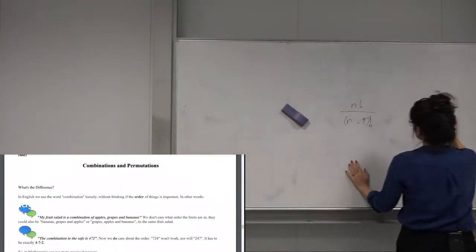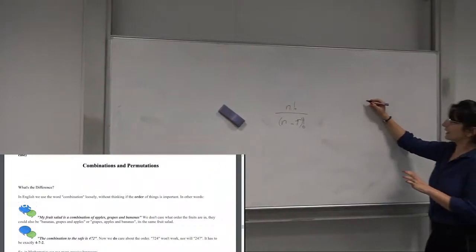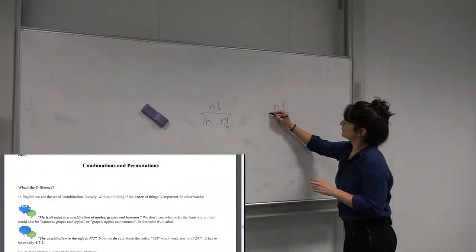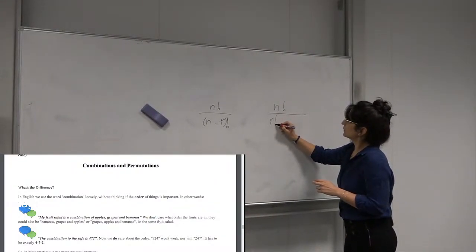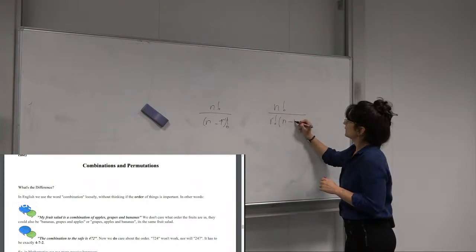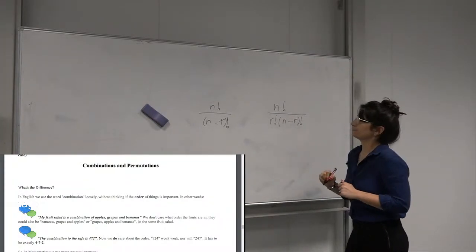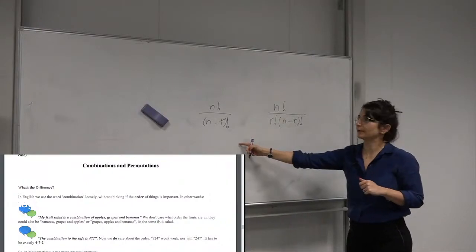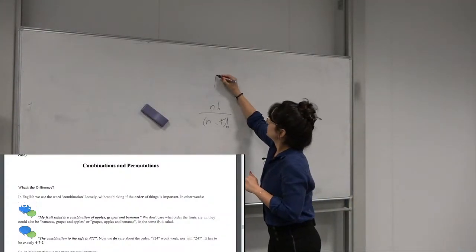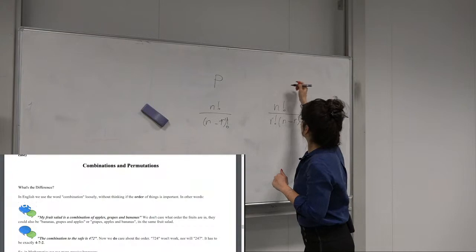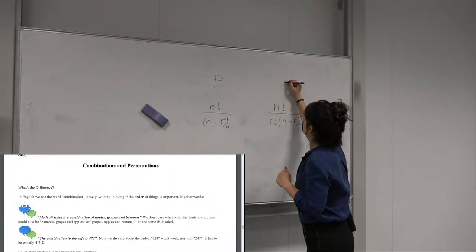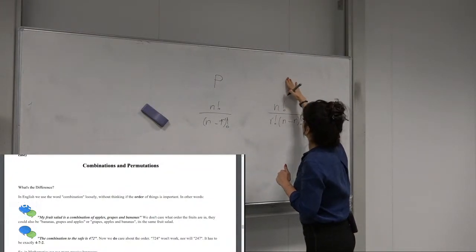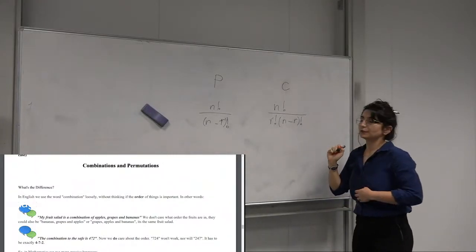For combination, where order doesn't matter, that one is N factorial divided by R factorial times N minus R factorial. This is the difference between them. This is the combination that you need to do.